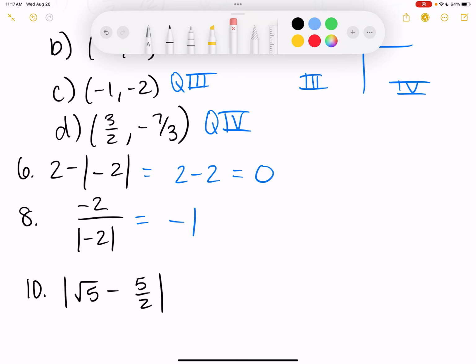So this is just 5/2 minus the square root of 5. So why does the square root of 5 become negative? Basically because the square root of 5 is smaller than 5/2. So you just subtract.